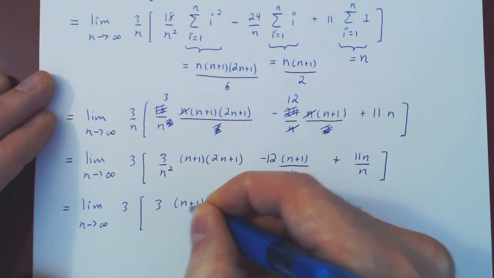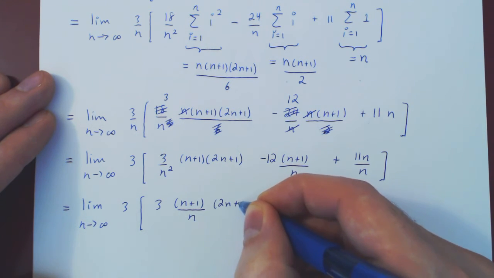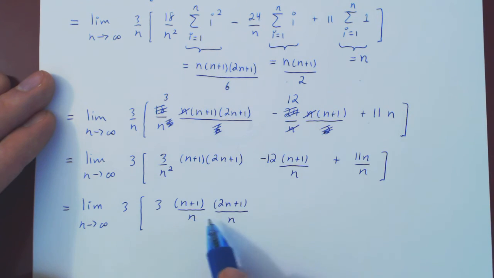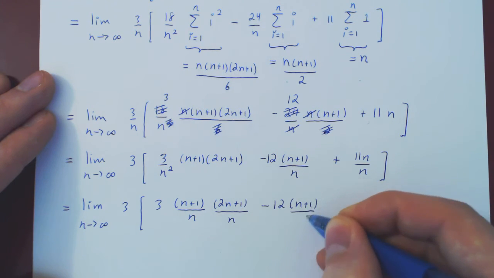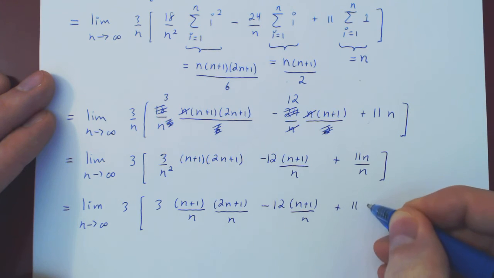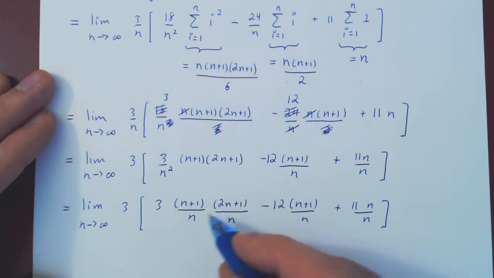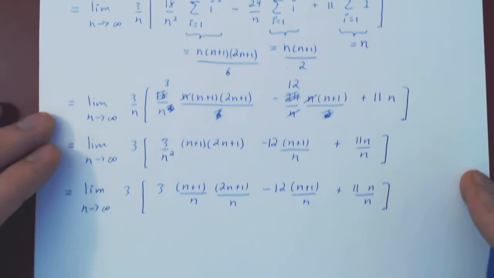So n plus 1 over n times 2n plus 1 over n. So n times n is n squared. Minus 12, n plus 1 over n, plus 11, n over n. And now I will divide each one by n, and you'll see a trivial limit.